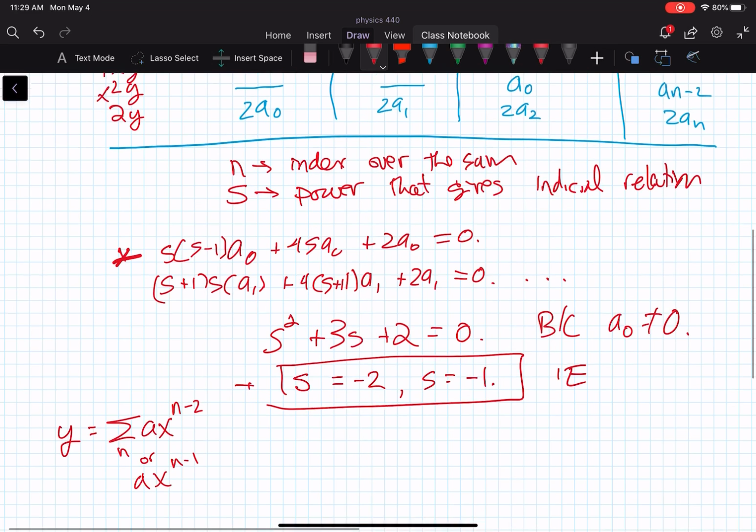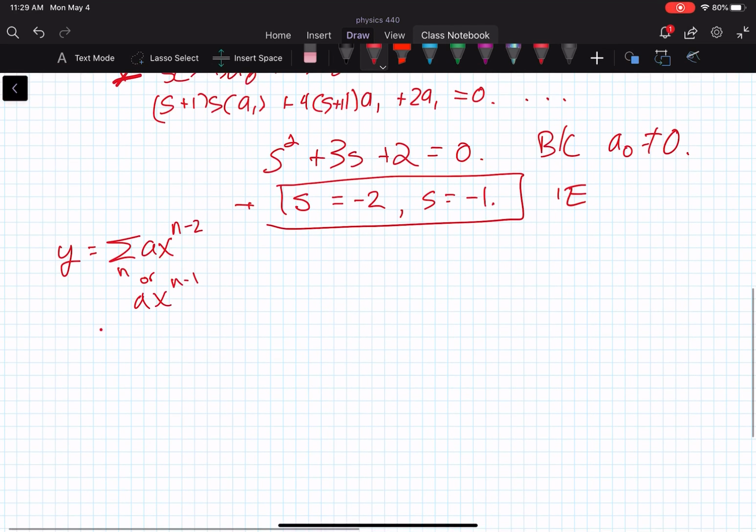So what do we do with this? Ultimately, we want to find a way to relate the coefficients to each other. We can solve these for each different case.